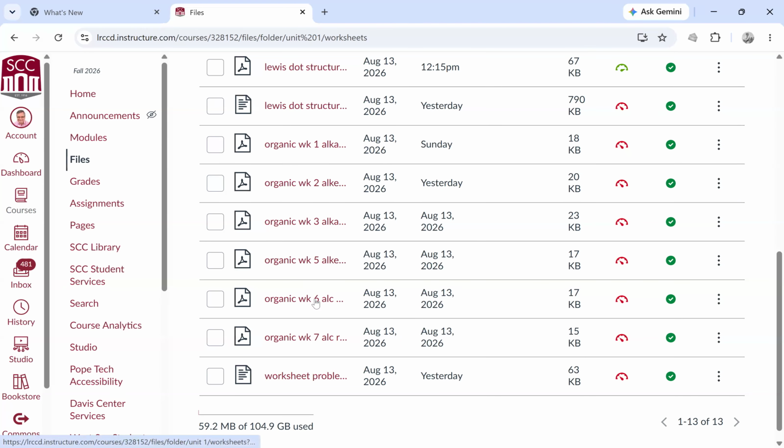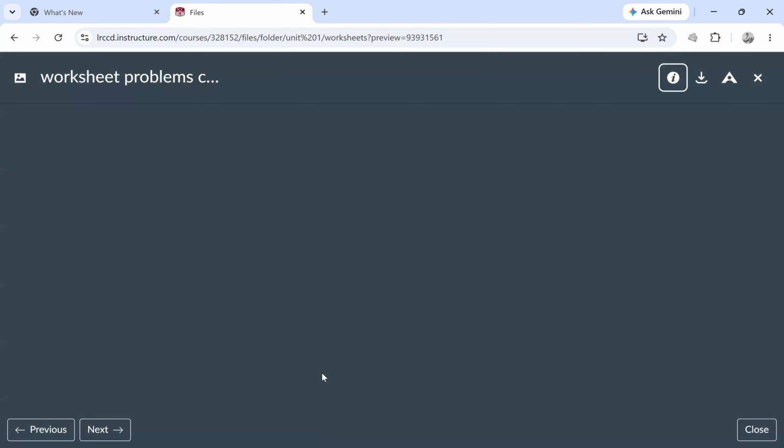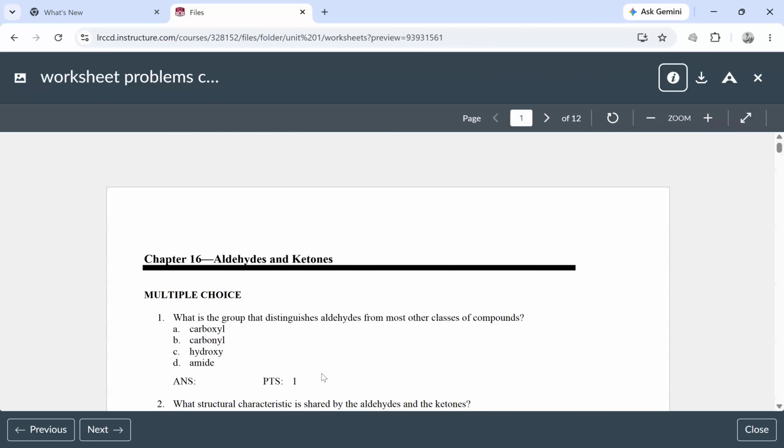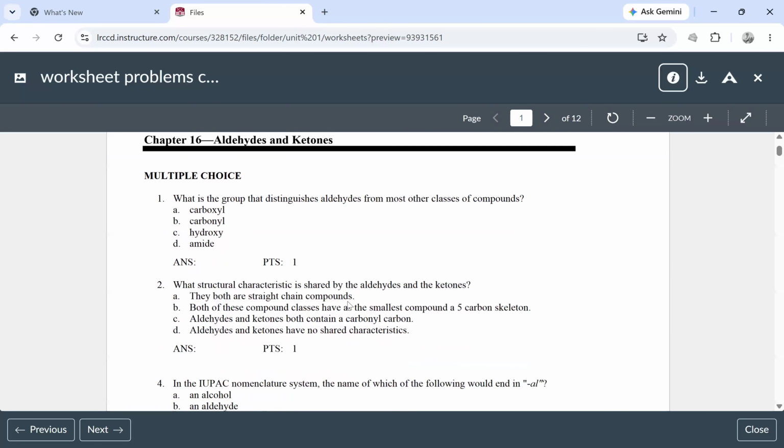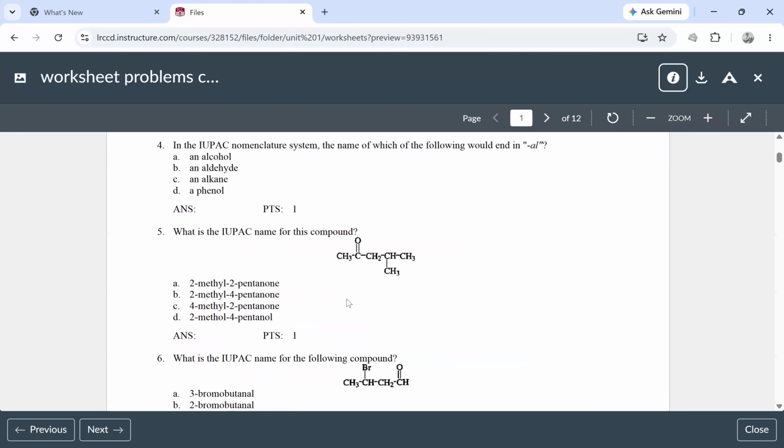I just combined all these together into a zipped file. And here's some more problems. These are multiple choice.